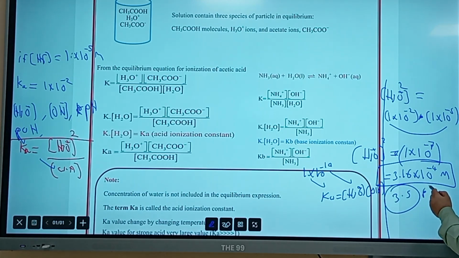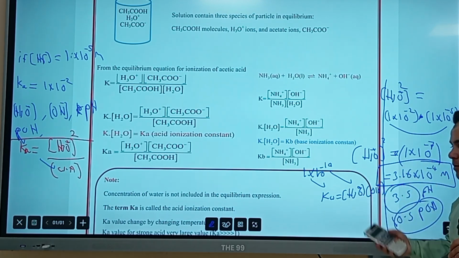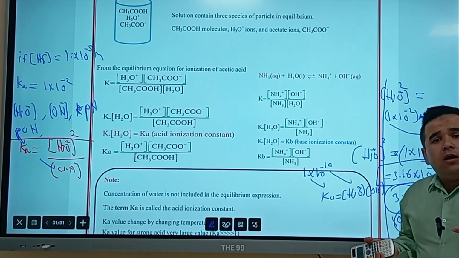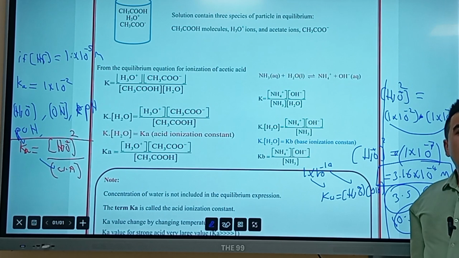The pH is 3.5, and then 14 minus 3.5 is 10.5, the pOH. These are the values of pOH, pH, hydronium and hydroxide that can be calculated as well. That's how we can solve the questions related to the weak acids and weak bases.